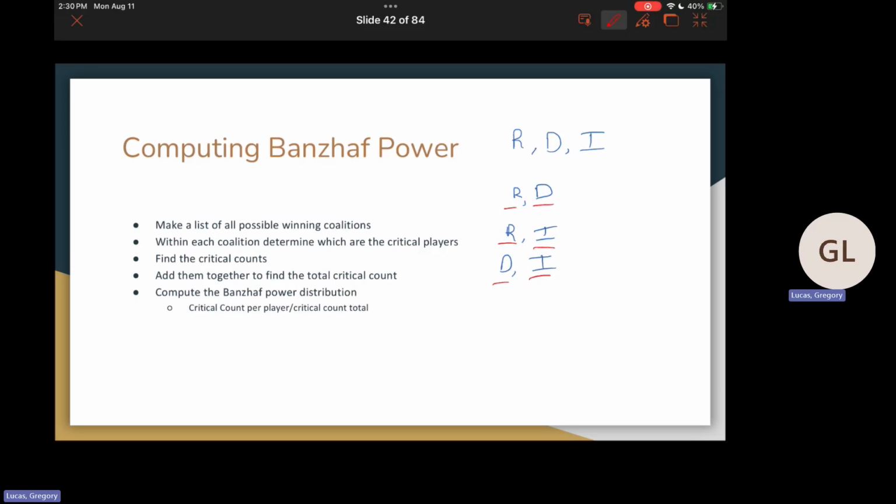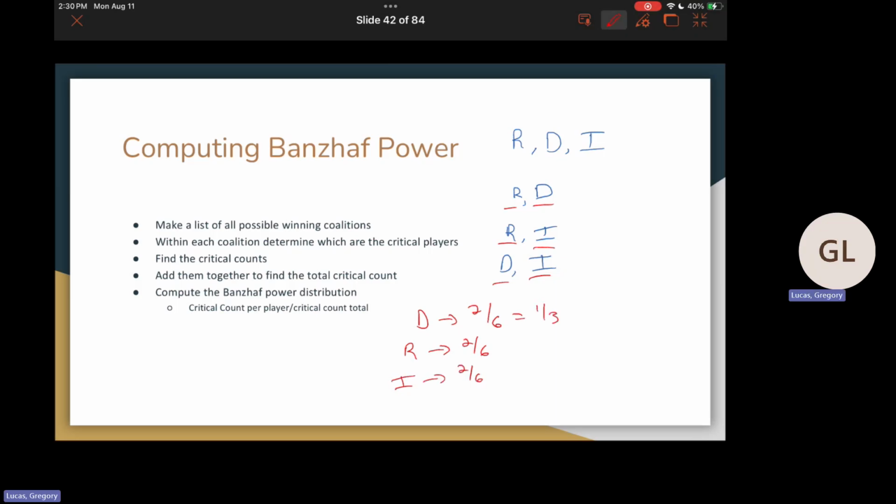So what we're going to do is the critical count per player divided by the total, which everything here is going to be the same. For the Democrats, they're underlined twice out of the 6 things underlined, and that's going to be true for everyone. So this is kind of a boring example.